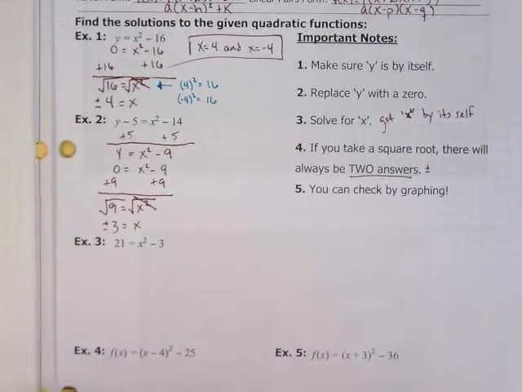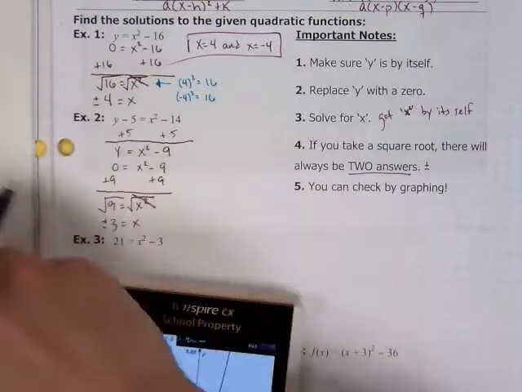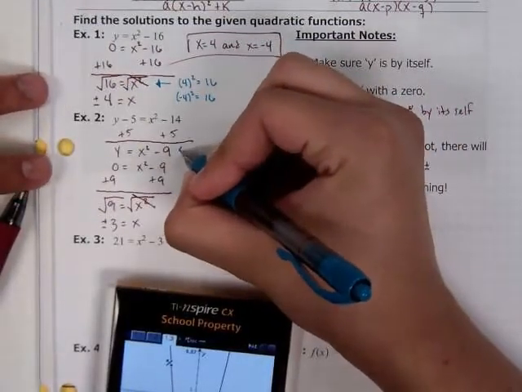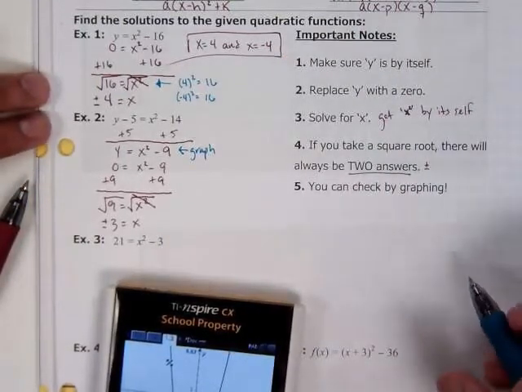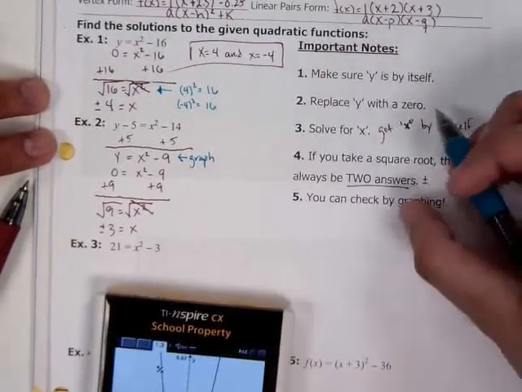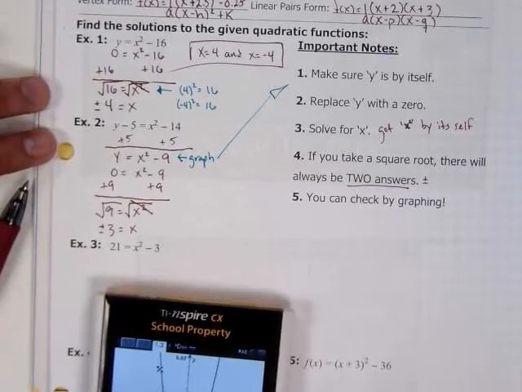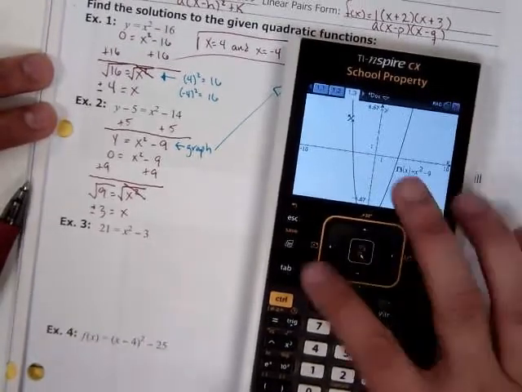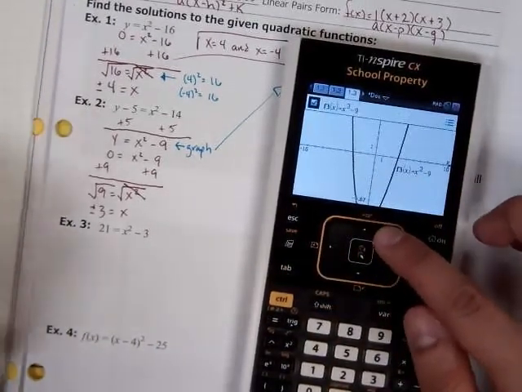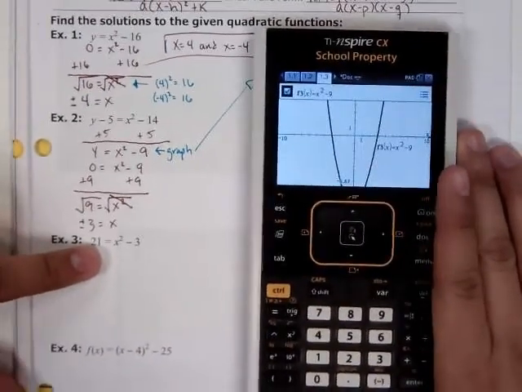Now, where do you think that's going to look like on our graph? In order to graph this, we need to graph the equation after we get y by itself. So we want to graph x squared minus 9.